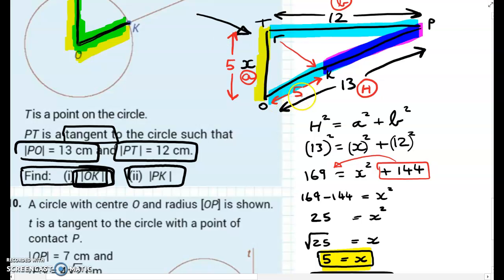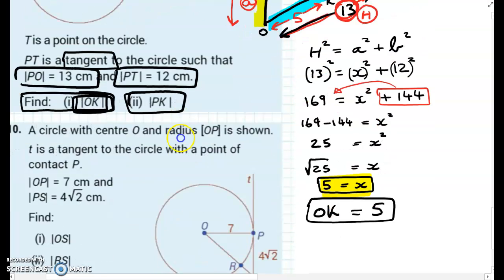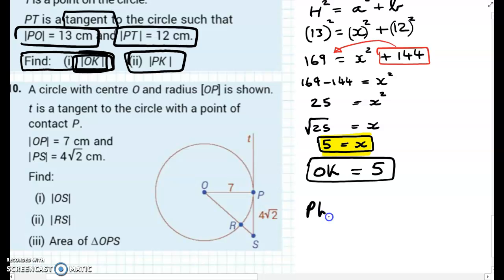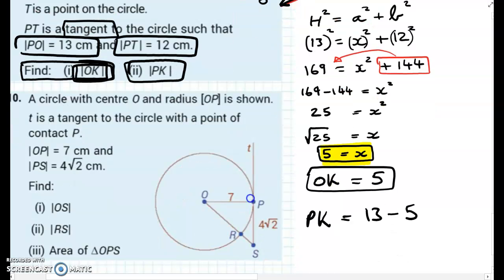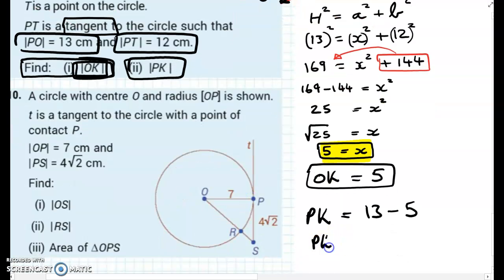And if that bit is 5, and the whole thing is 13 along that side, then the bit that's missing is 8, because 8 and 5 make up 13. How would you show that? You'd say PK is equal to 13 minus the bit you know of, minus that bit. So PK is equal to 8. And that's that one done.